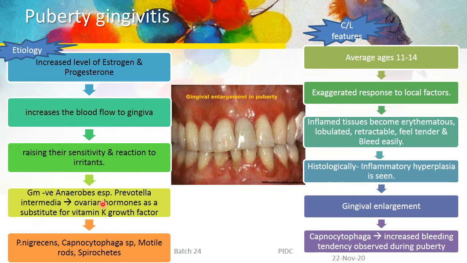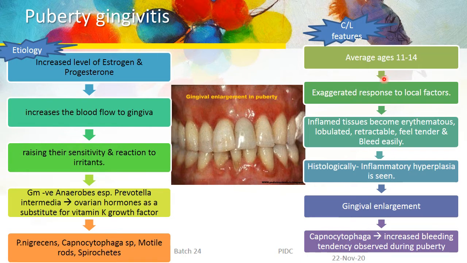Apart from this, you have other microorganisms such as Prevotella nigrescens, Capnocytophaga, and motile rods and spirochetes present. So all this results in inflammation of the gingiva, that is, the reaction to the irritant becomes more, and therefore gingival inflammation occurs, and therefore gingivitis occurs.